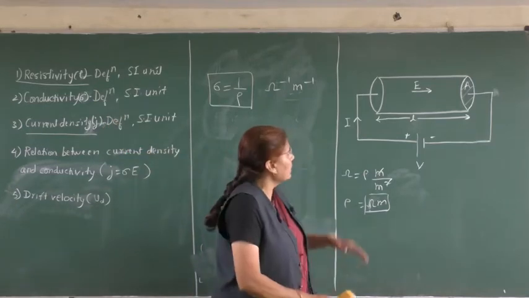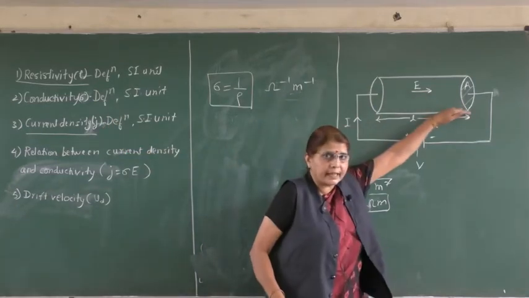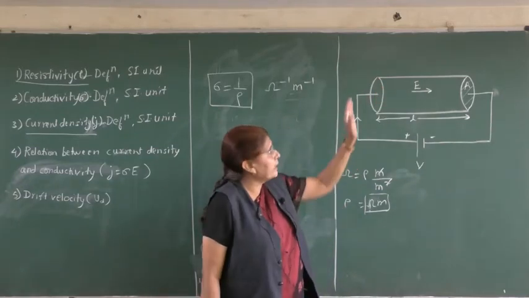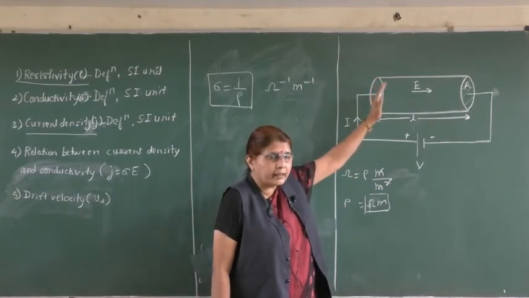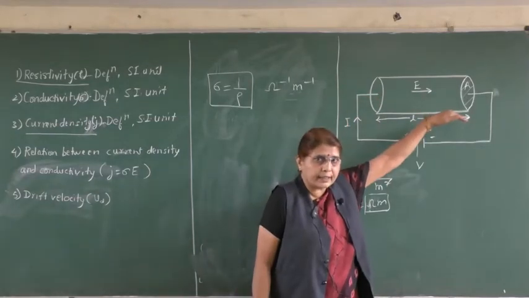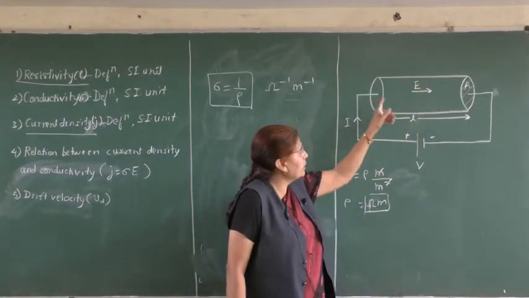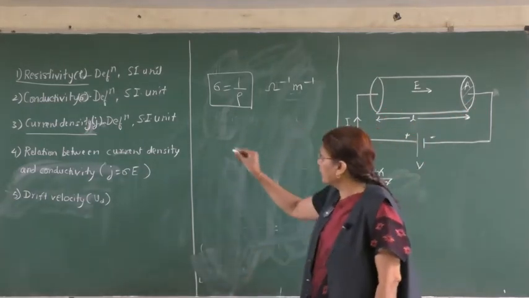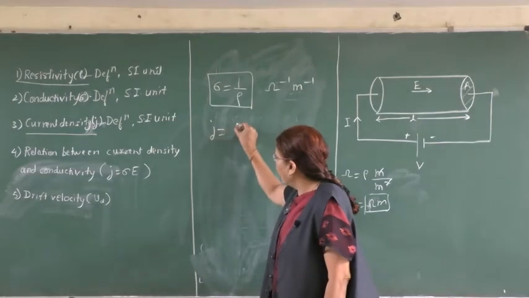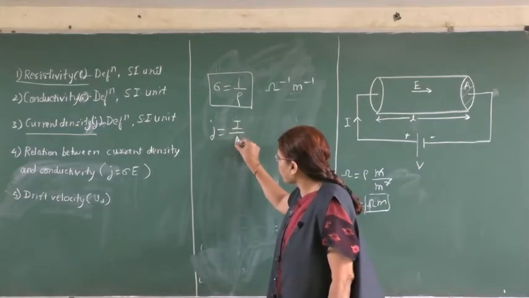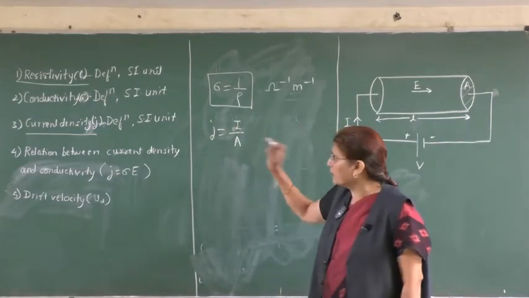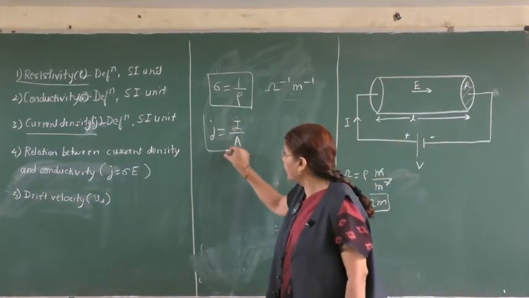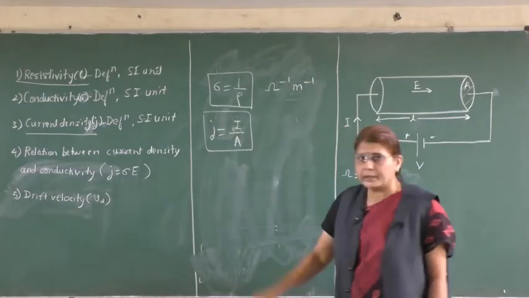Current is flowing in the horizontal direction, and the area is in the vertical direction. The meaning is the area is always perpendicular to the direction of flow of current. So current per unit area: suppose this area of cross section is A, then we define current density J as I upon A. I is the current flowing through an area A, then current density J is I upon A. Let us put it in words.